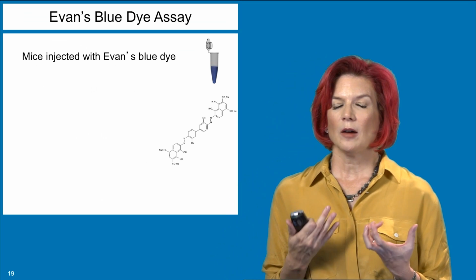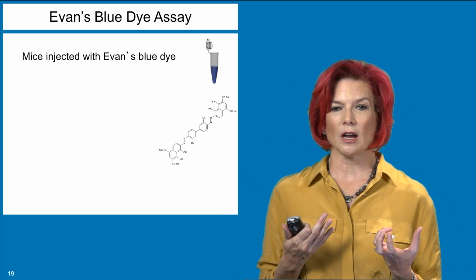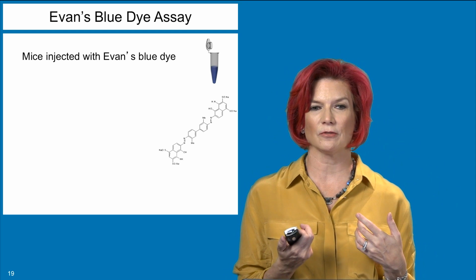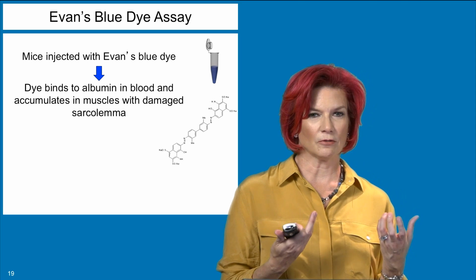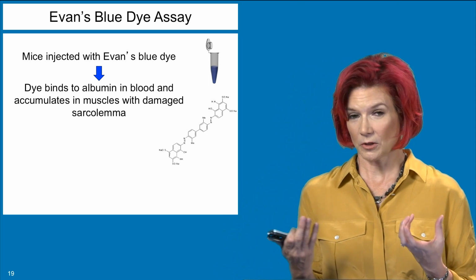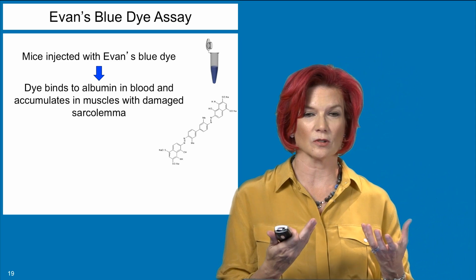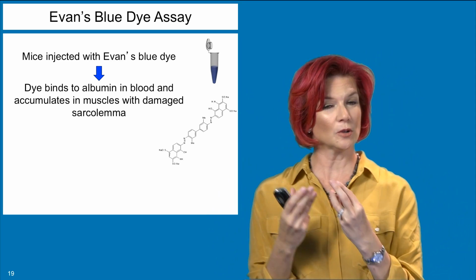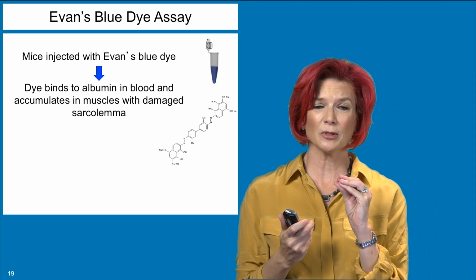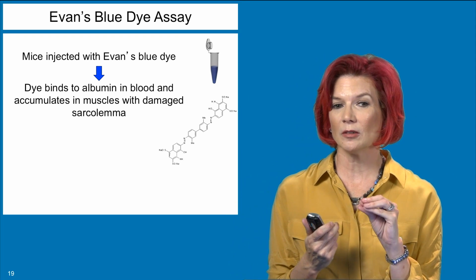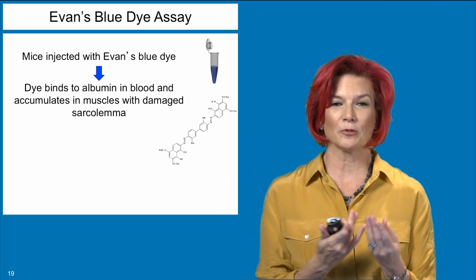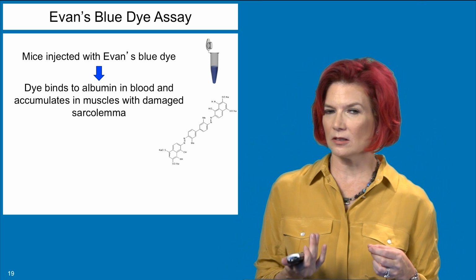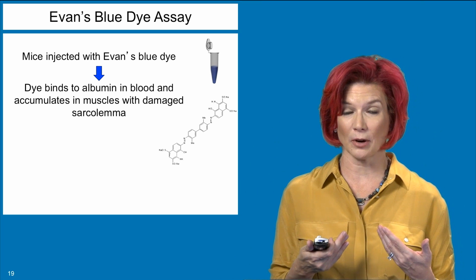So in this assay, mice are injected with an Evans blue dye, and in visual light, the dye is blue, and the chemical structure is provided for you. So the mice are injected through a variety of mechanisms, either intravenous or IP, and the ears turn blue, the nose turns blue, and the Evans blue dye binds to albumin in the blood, which is why the various peripheral regions of the mouse turn blue, and the dye accumulates into muscles that have a damaged sarcolemma membrane.